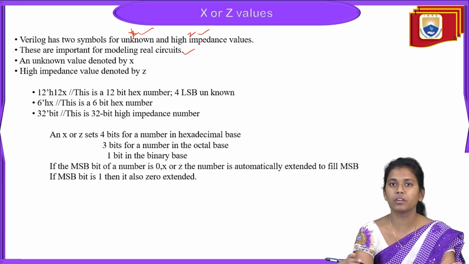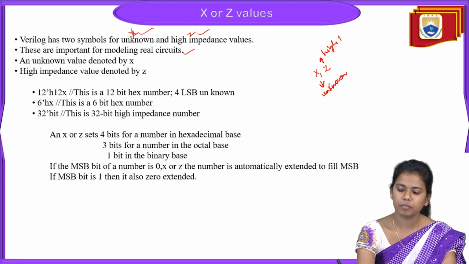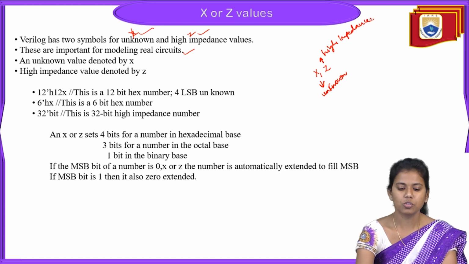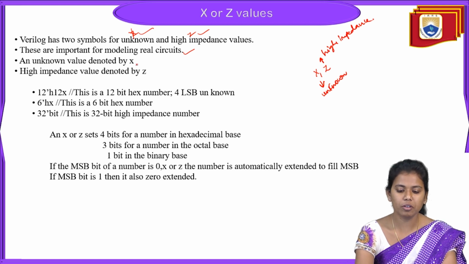So for real circuits, the representation of X for unknown value and Z for high impedance value are both important. Coming to an unknown value denoted by X.